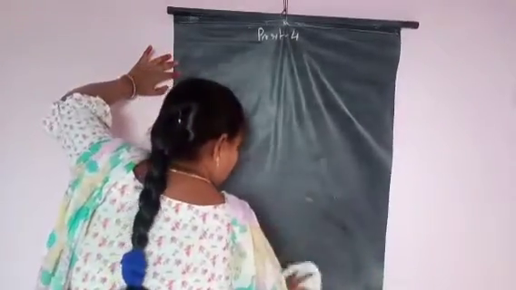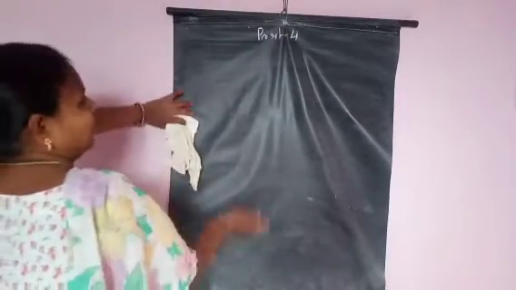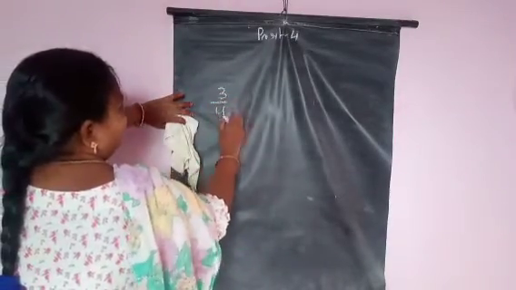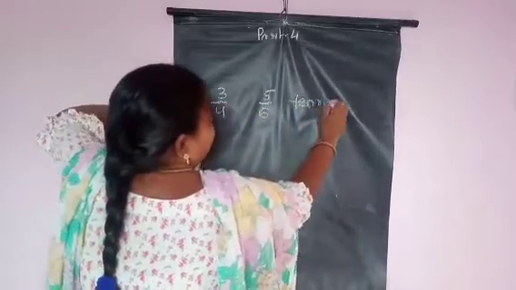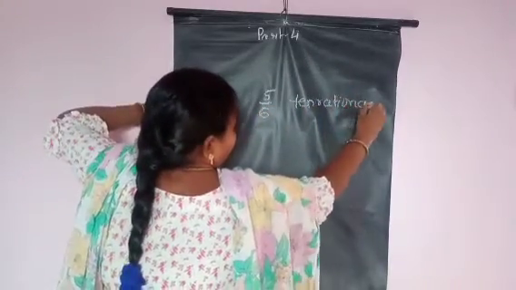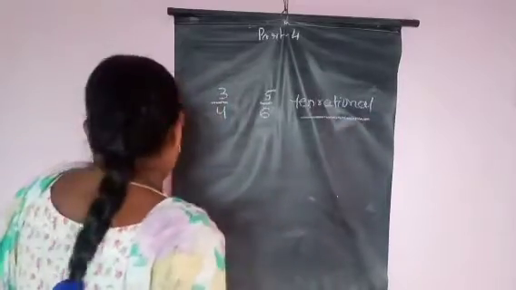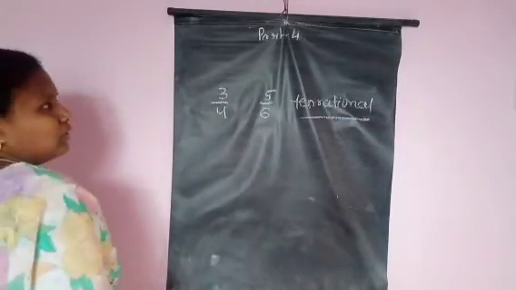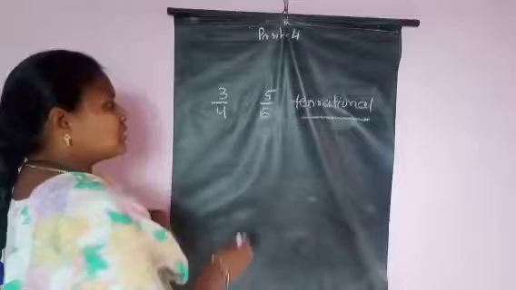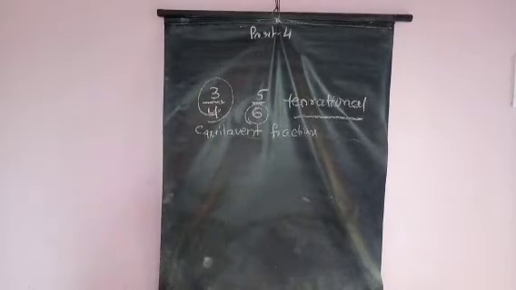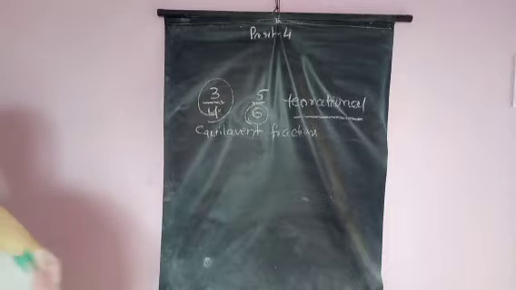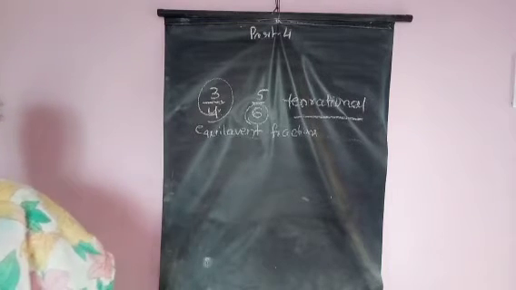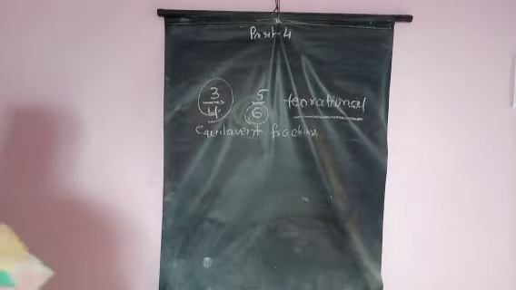If the fractional numbers are 3 by 4 and 5 by 6, and we must write 10 rational numbers between these, to write 10 fractional numbers between these two, we have to write equivalent fractions first.